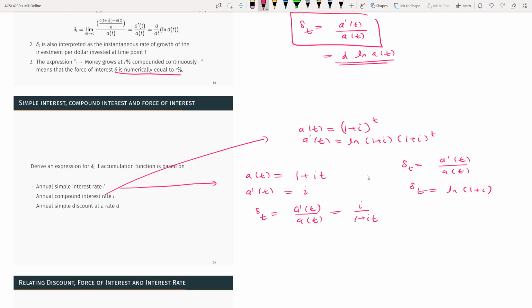So here you can see then 1+i is going to be e^delta. Okay, that's a nice fact. So when you see a model like compound interest, present value times (1+i)^t, you can replace 1+i using this one, so you can get another expression.